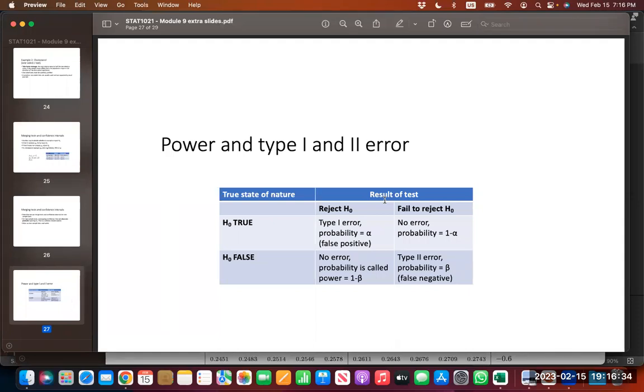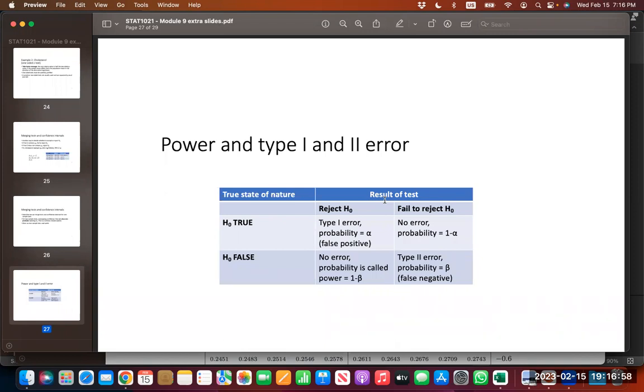But that's a different conversation. Okay, but based on our alpha, we're now defining a p-value which we're willing to accept, and which is our type 1 error cutoff.